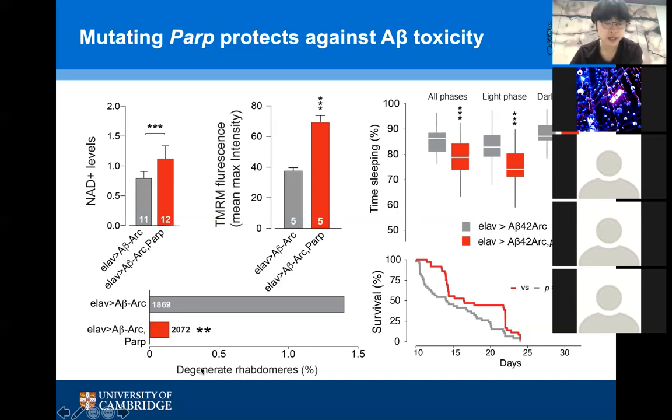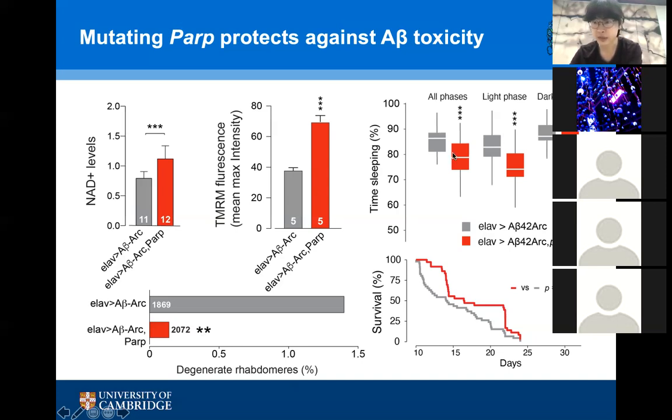And then again, I quantified the rhabdomeres, which is a readout of neurodegeneration. And I observed that Parp mutant flies have less degenerate rhabdomeres. So they have, at least by this readout, more neurons.